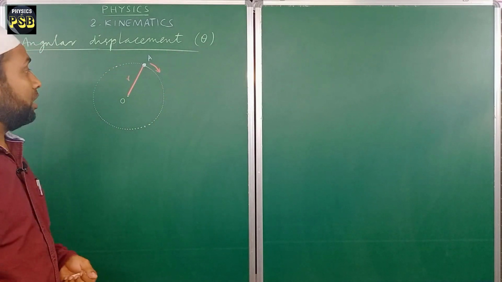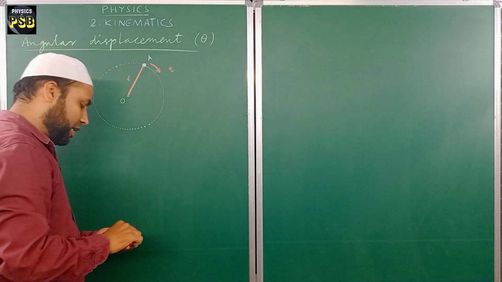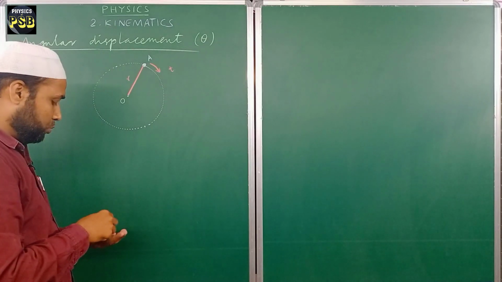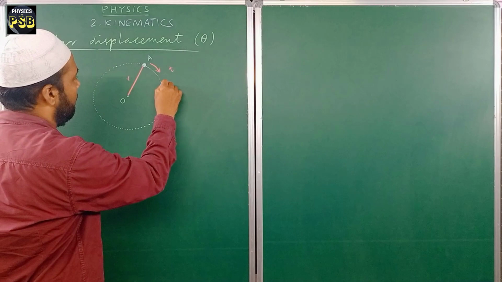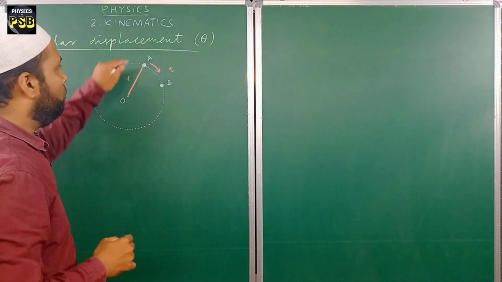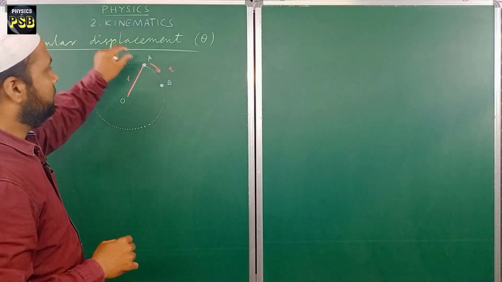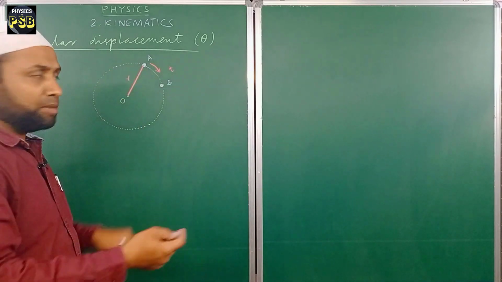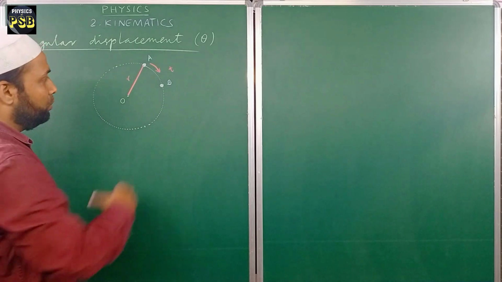After some time t, the object moves to a new position, let's say position B. When time is 0, the object is found to be at point A. After some time t, it reaches a new position B.